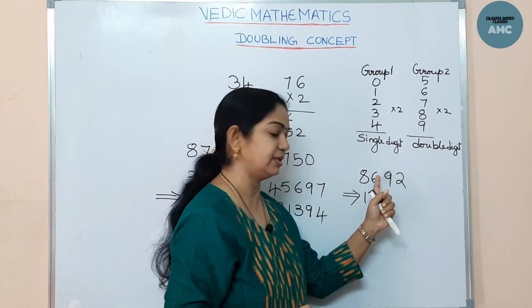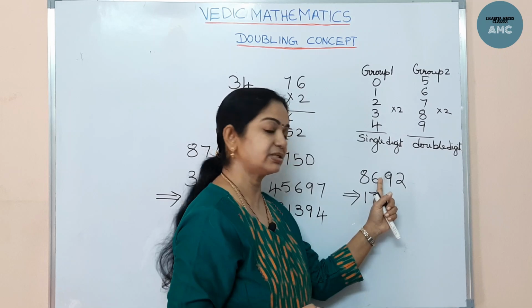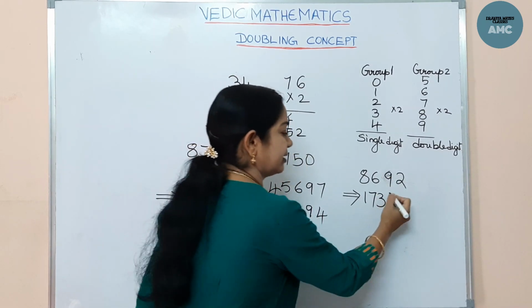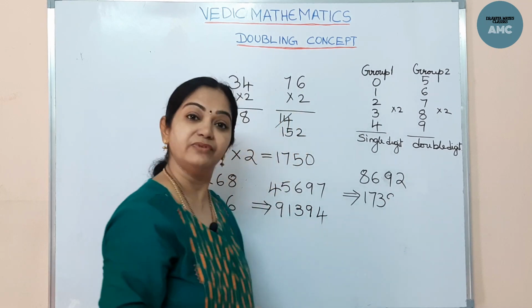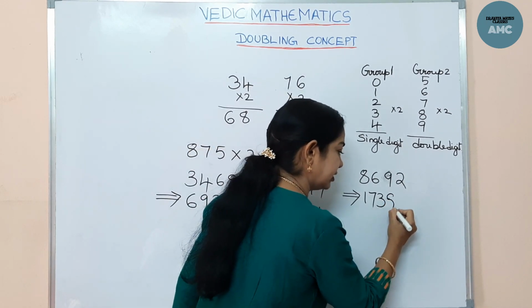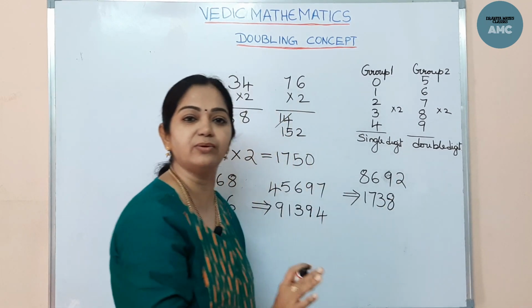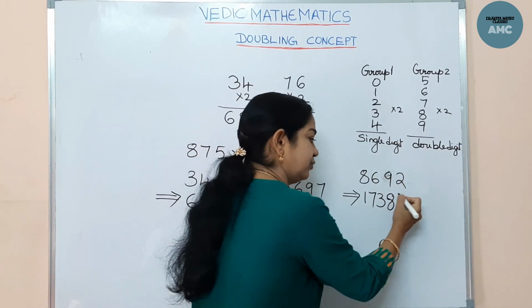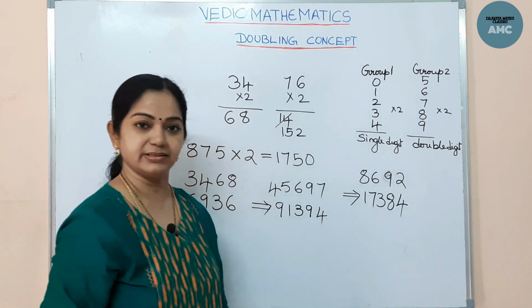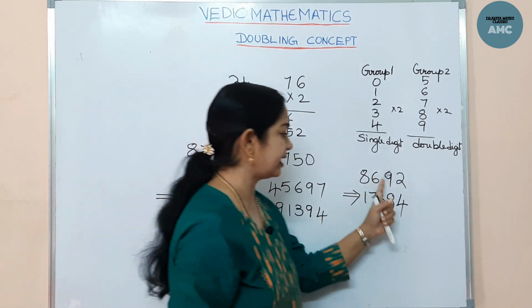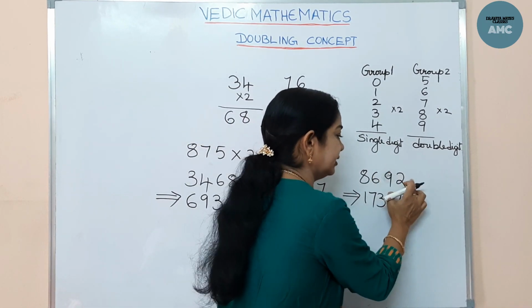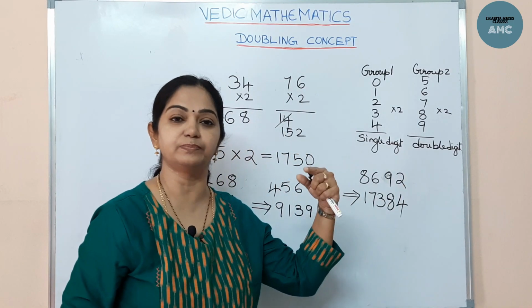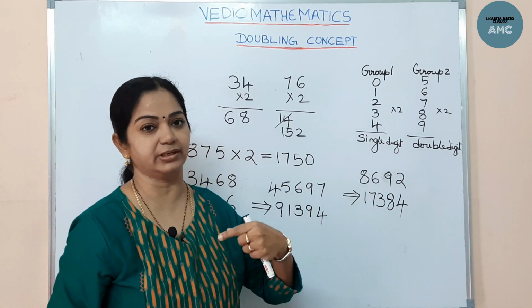Depending on the next number. 2 6s are 12, but 13. 2 9s are 18, but why 19? We have to write only 18. We should not increase here because the next number is group 1 only. 2 9s are 18, so 8 only I have dropped. 2 2s are 4, that's all. This is the answer. The next number here is clearly group 1, so I am not increasing 1. If it is a group 2 number, I have to increase 1.